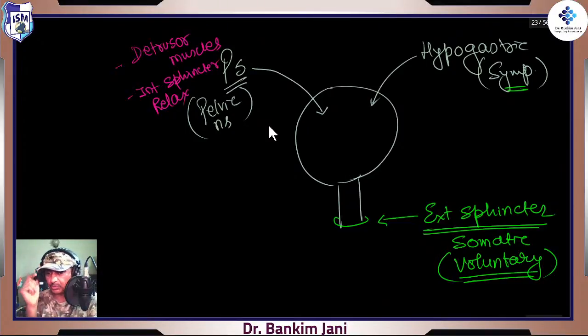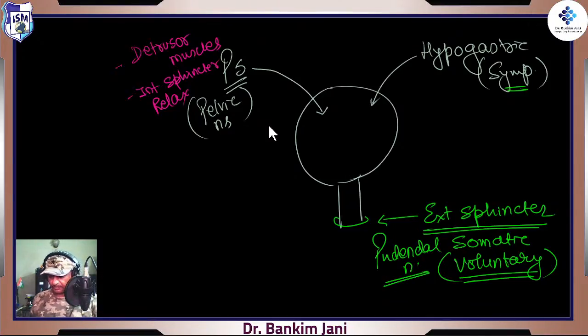So till the situation is comfortable, till the place is fine, this external sphincter will put immense pressure so that none of the urine comes out. So this is somatic, and that is via the pudendal nerve. Its function is to keep this contracted.